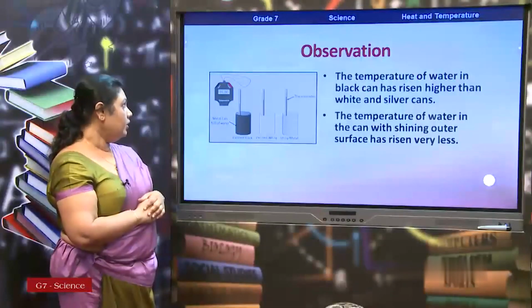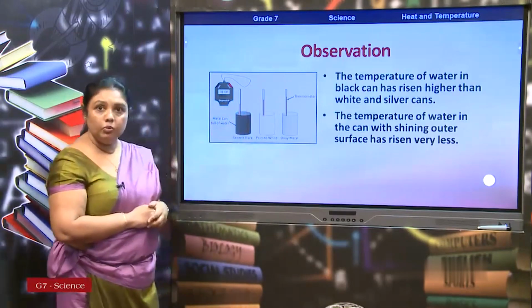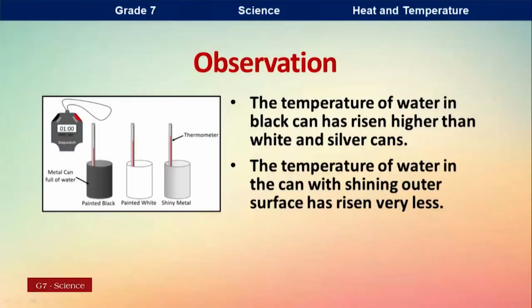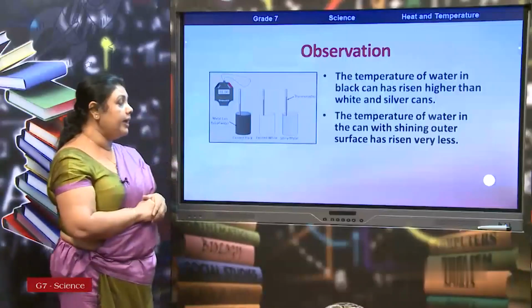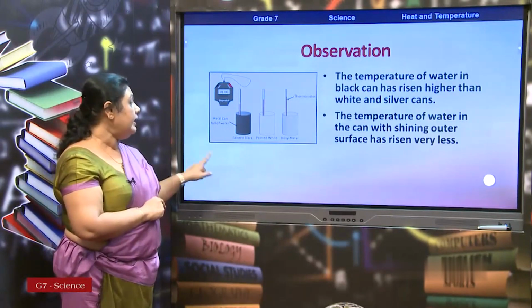After some time, you will see different temperatures in different thermometers. Can you see this? Painted black, painted white, shiny metal. So, the temperature of water in the black can has risen higher than in white and silver. The temperature of water in the can with the shiny outer surface has risen very little.